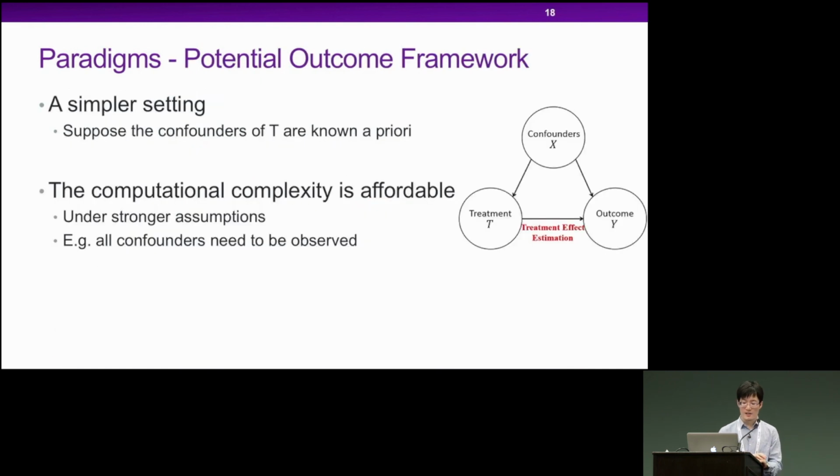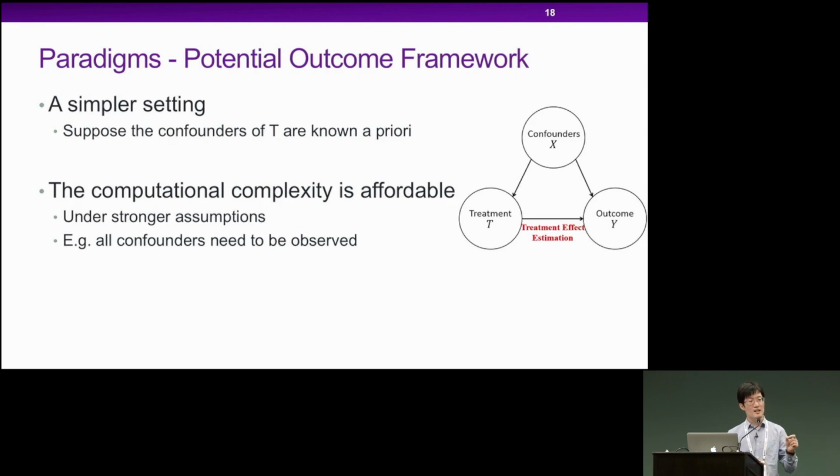And the other paradigm is the potential outcome framework. It was proposed by Professor Donald Rubin. And this is actually a simpler setting, I think. In many cases, we don't care about all of the structures among all of the variables, right?